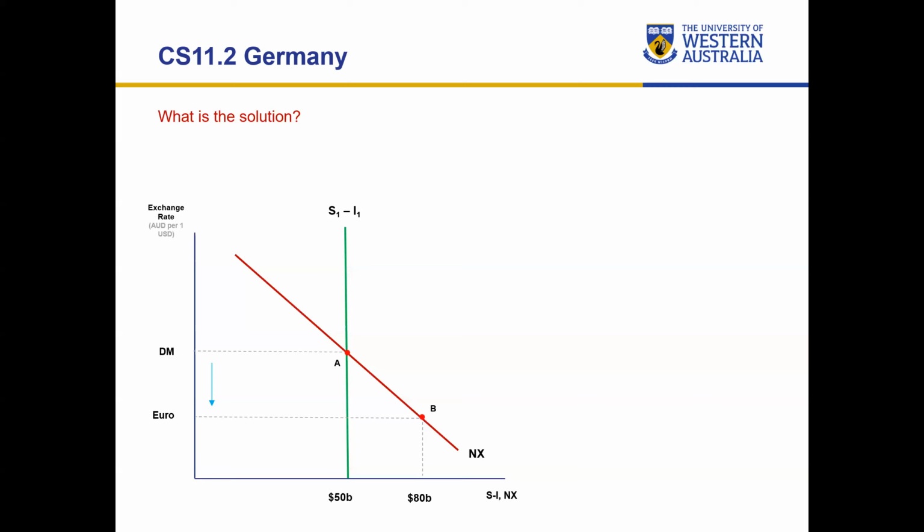And with those price rises, you're naturally going to get a reduction in the level of foreign demand for German exports. So by paying workers more, pushing up production costs, and therefore the prices of goods and services that are exported from Germany, you can actually decrease net exports, and that would be modelled by a leftward shift in the NX curve.